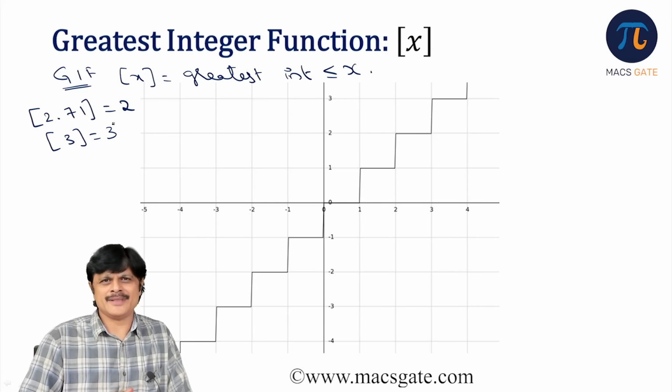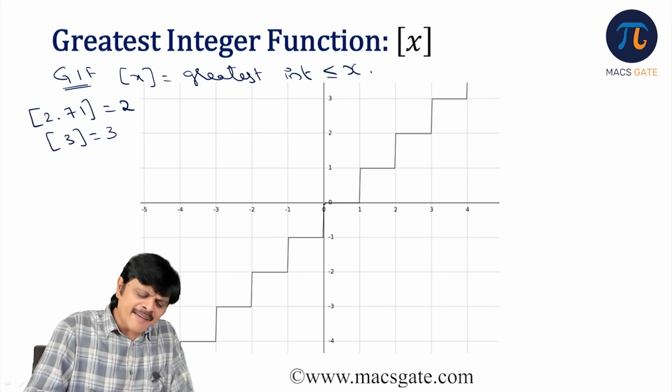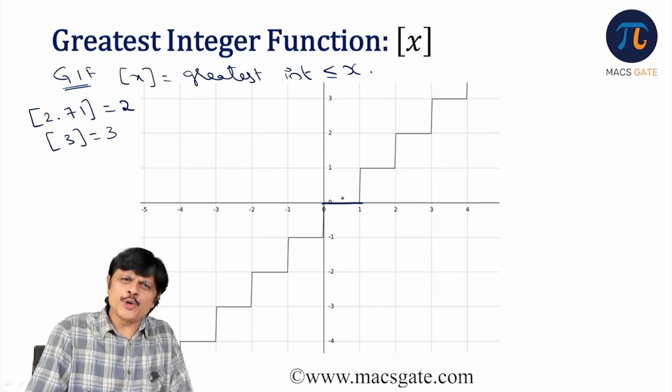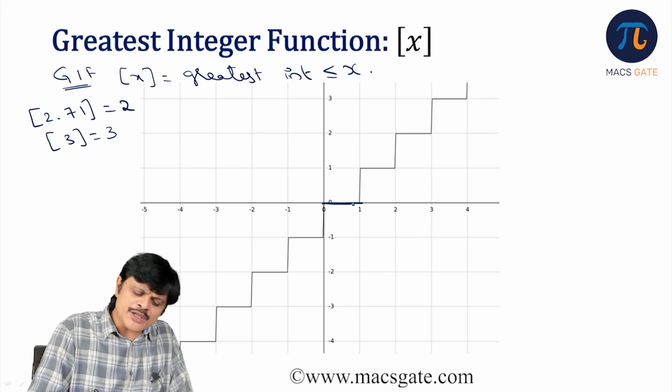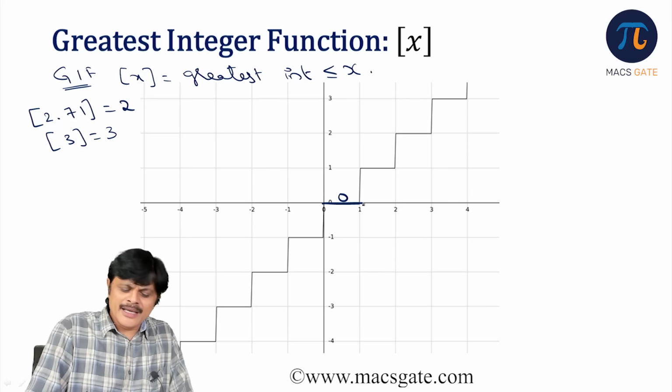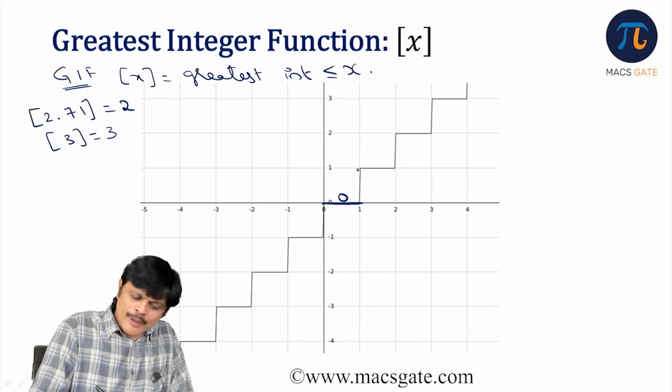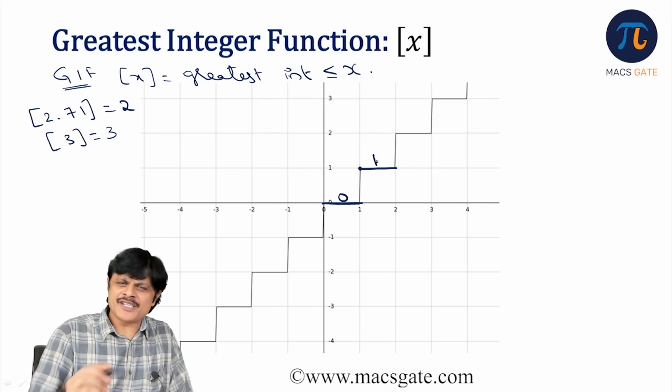So what is the greatest integer less than or equal to this? 3. So if you take any value from 0 to 1, like 0.2, 0.3, what is the greatest integer less than or equal to that? 0 only. So they'll take value 0 only. From 1 to 2, 1 is also included, sir. From 1 to 2, anything you take, you're going to get the answer 1, the functional value as 1.